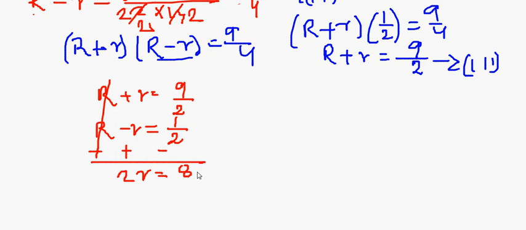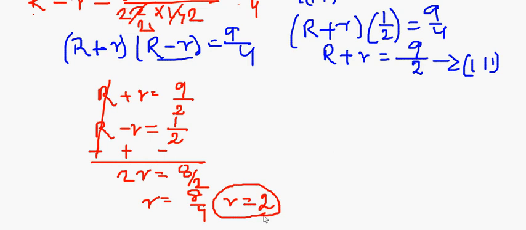Yes, I'm getting 9 by 2 minus this as 8 by 2. So r I'm getting as 8 by 4, so small r is 2. So we got our small r as 2.